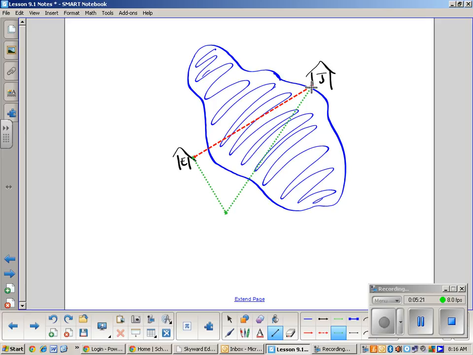It looks a little off, doesn't it? Look at it like this. It's not horrible. This is my right angle. So we'll pretend it's okay.